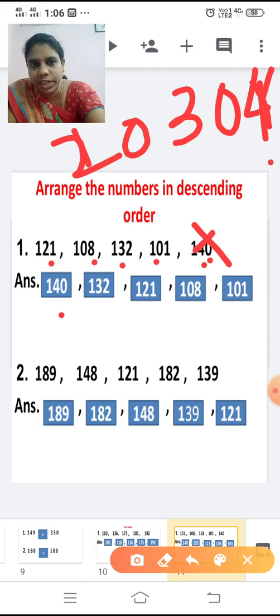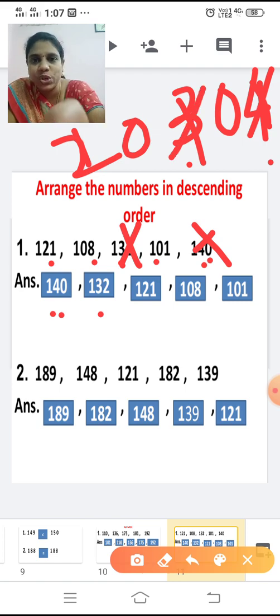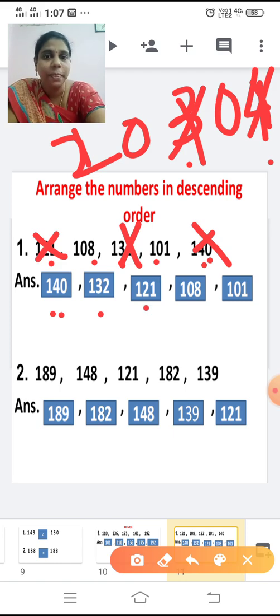So I'm striking 140. Then which is bigger out of these 4? 3. Very good. So where is 3 in the tens place? So 132, right? Next, out of these 3, which is bigger? 2. So 121. Then in both the numbers we have 0, right? So now compare the ones place.